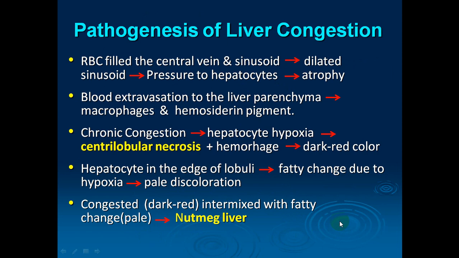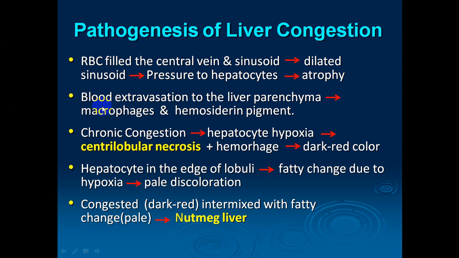Actually, the pathogenesis of liver congestion is just similar to pulmonary congestion. There are dilated vessels, and these dilated vessels put pressure on the surrounding cells, and the surrounding cells will become atrophic. Chronic pressure will also cause degeneration in the cells, and that can lead to necrosis. The necrotic tissue will be smaller than normal. It causes atrophy of the cells.